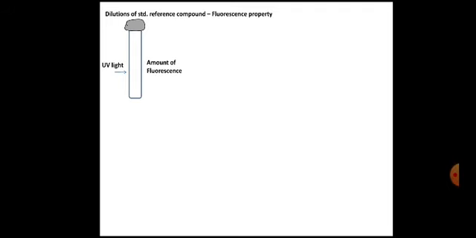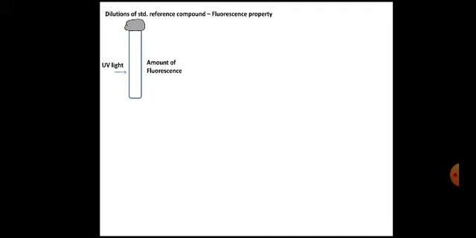Next is the condition in which the fermentation products have a fluorescence property. Certain compounds have fluorescence property. Fluorescence means absorbance of ultraviolet light, meaning shorter wavelength light, and emission of higher wavelength light, that is visible light. That is called fluorescence.